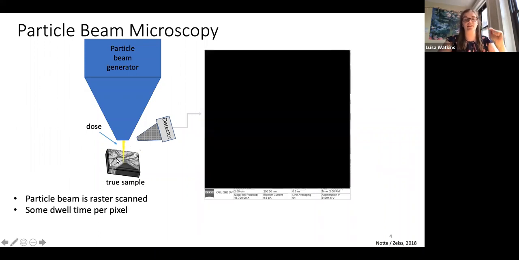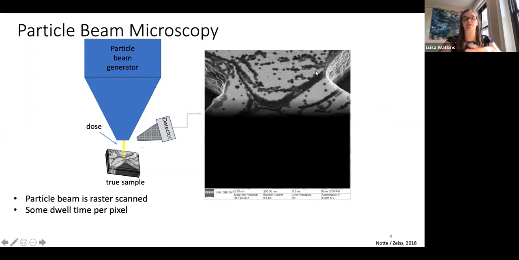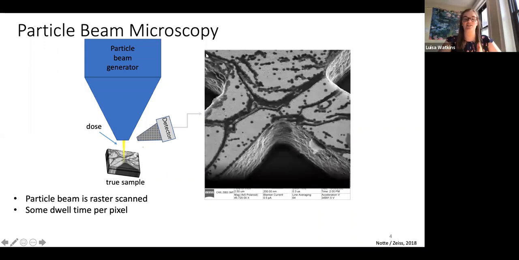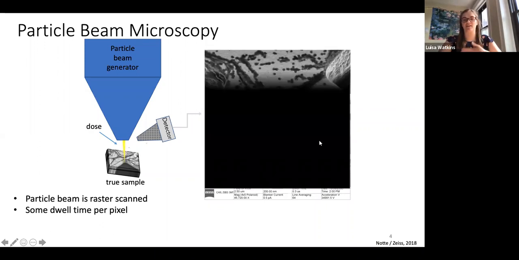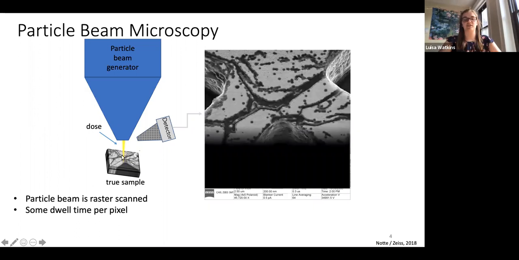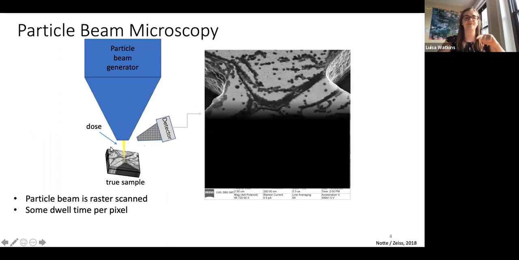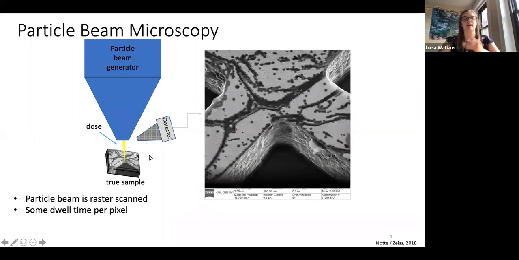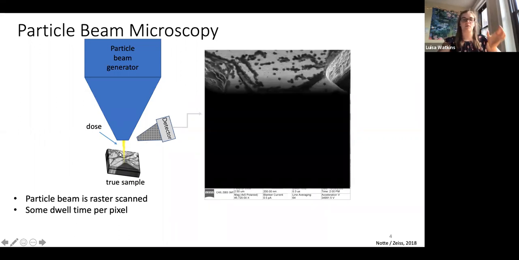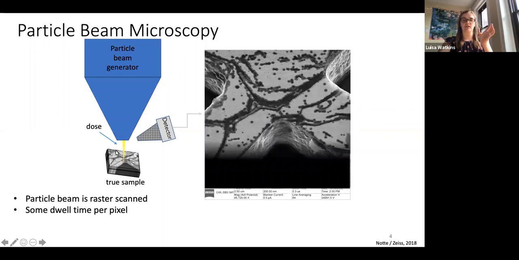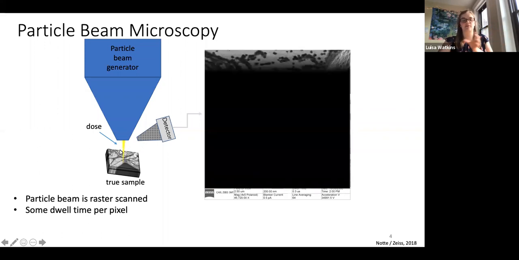Now there's some dwell time per pixel. Since we're recreating an image, we have a certain number of pixels, and they map to the sample. And as we go across the sample with this beam, we have a specific dwell time that's the same for every single pixel.